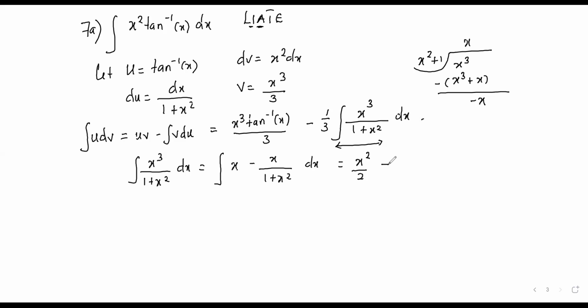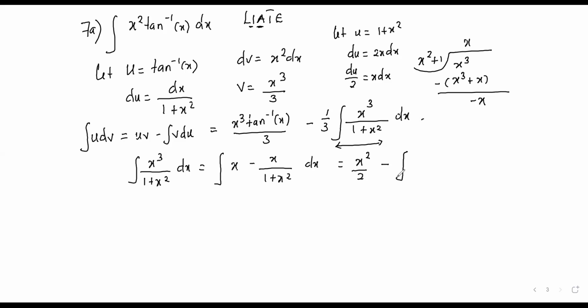But the second piece, we use substitution again. We let u be 1 plus x squared, and then our du becomes 2x dx, meaning x dx equals du over 2. So we can do the integral substitution.